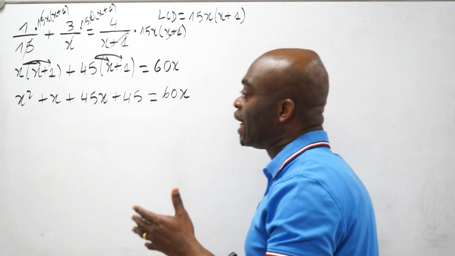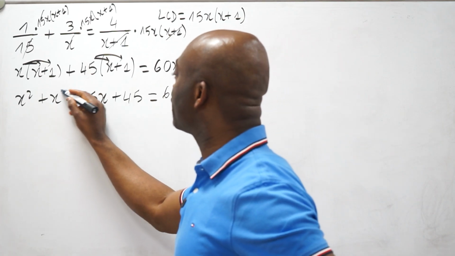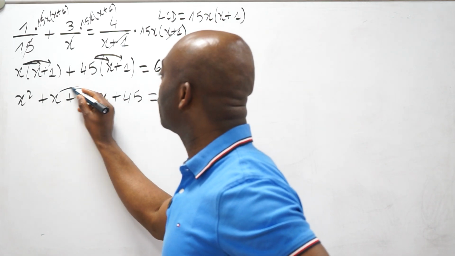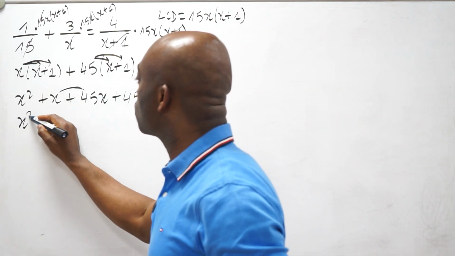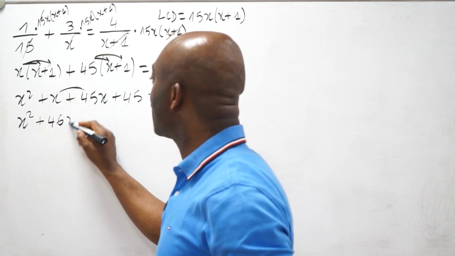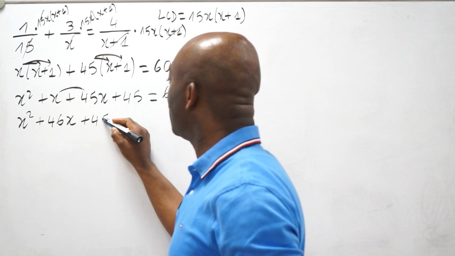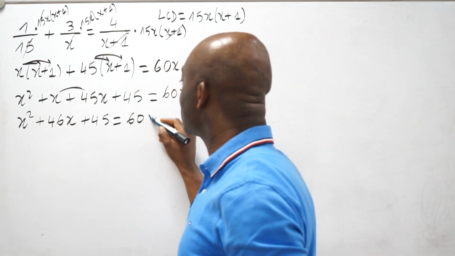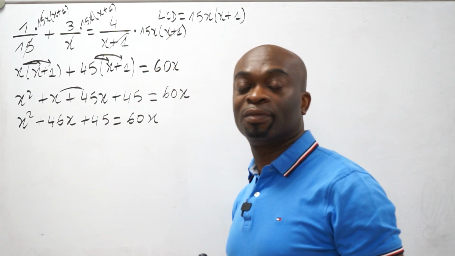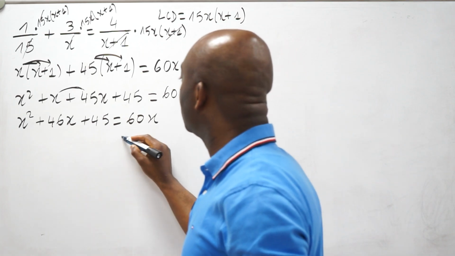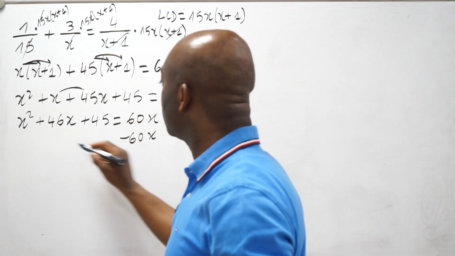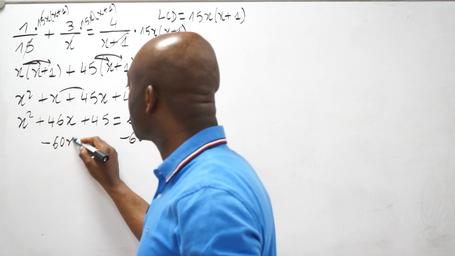Then you got to combine all like terms. So that means we can combine these two together. Right? So we have x squared plus 46x plus 45 equals 60x. That we combine the like terms. Negative 60x, negative 60x.